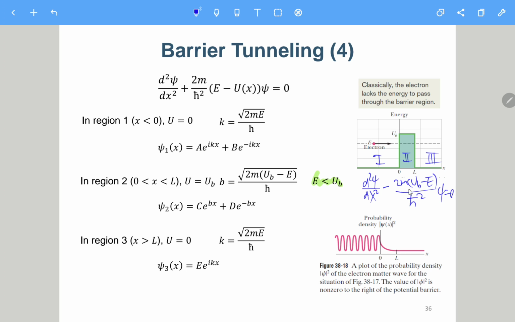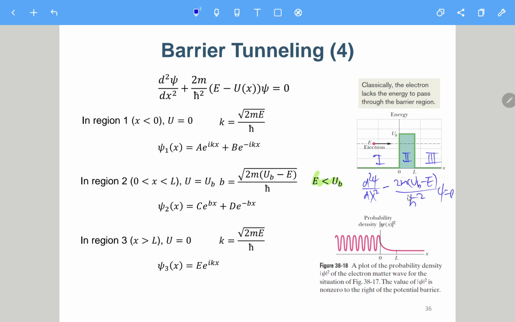Why do I need to write it like this? Because here we have UB larger than E, so I write it here as UB minus E. This one is a positive value, so we have a negative sign in the front.